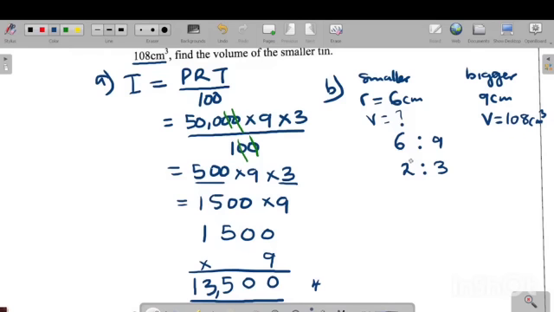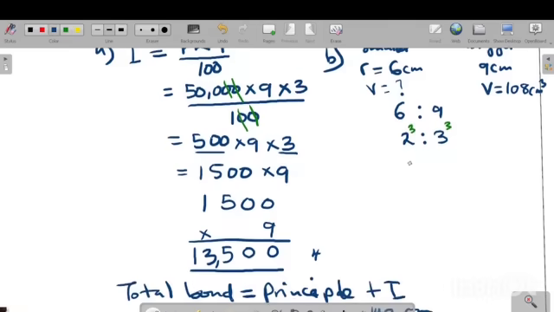So because of that, you are supposed to raise each of the numbers in the ratio to the power 3. 2 cubed is 2 times 2 times 2, which is 8, and 3 cubed is 3 times 3 times 3, which is 27. So now this is the ratio that you are going to use to find the volume of the smaller tin.